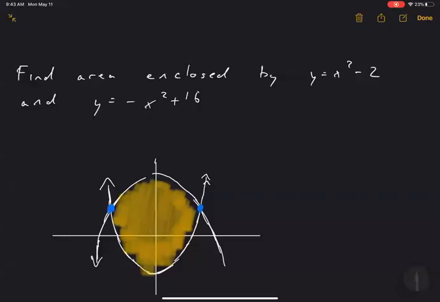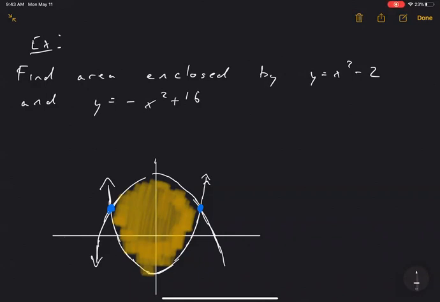So here's an example of a problem we might see in this style. Let's say the problem is phrased, find the area enclosed by y equals x squared minus 2 and y equals negative x squared plus 16. When they say find the area enclosed, this means that we're going to draw our curves and we should see a single region that is enclosed by the curves, meaning trapped or bounded by both curves.